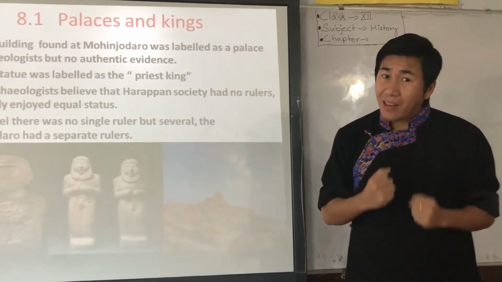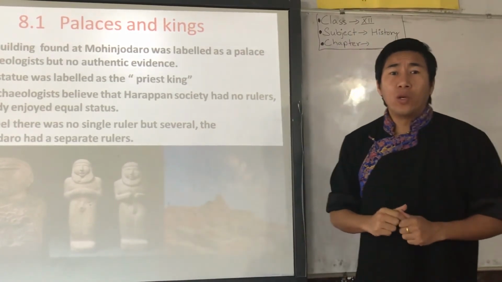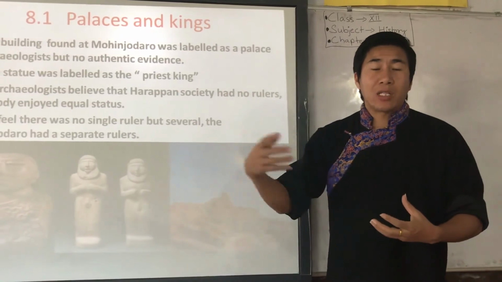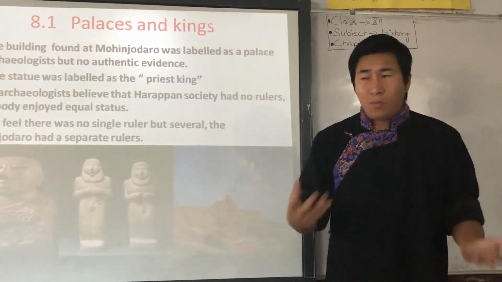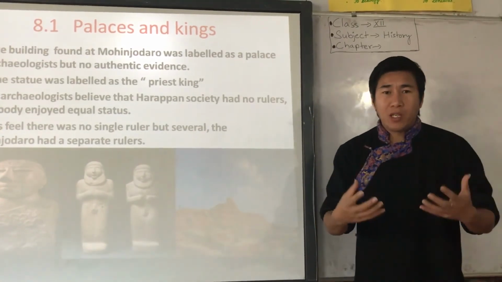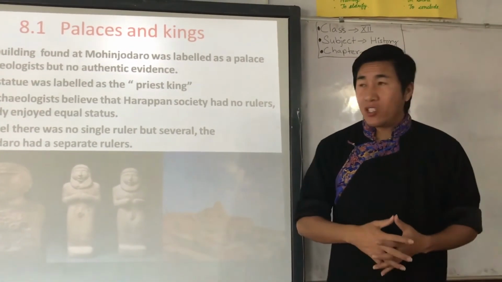So I think there must have been one ruler in the Indus Valley civilization who carried out and implemented all those decisions. But even I am not sure about it. This is my opinion about the Indus Valley civilization.